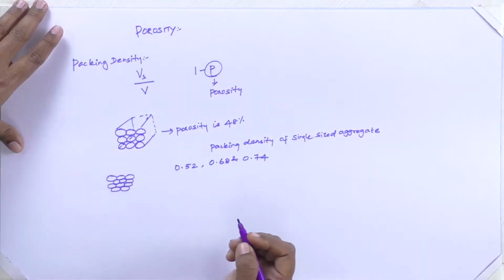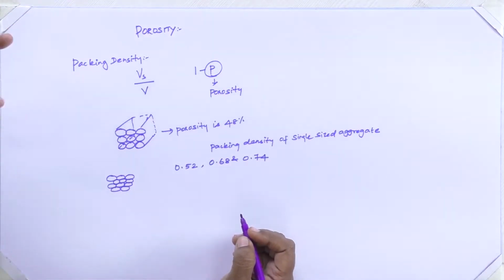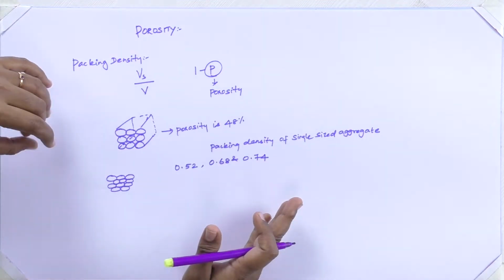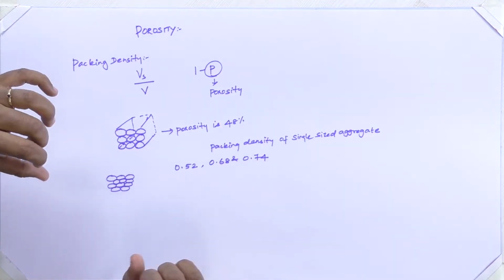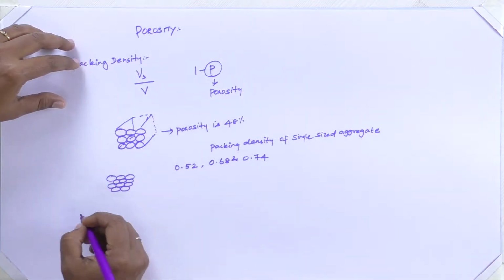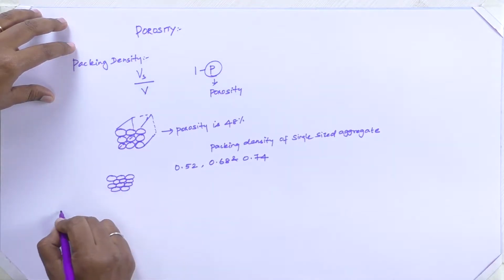If we draw a graph, then we can find the optimum void content, and based on that we can design a mix having a higher packing density. Since we are introducing either coarse aggregate to a fine aggregate system or fine aggregate into a coarse aggregate system, there comes an interference between the particles, and that we are going to discuss now.